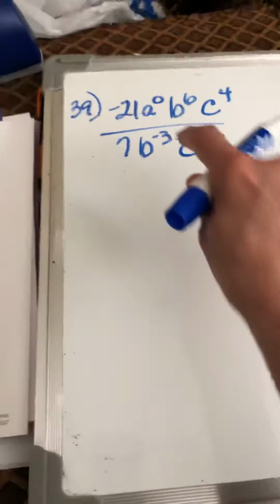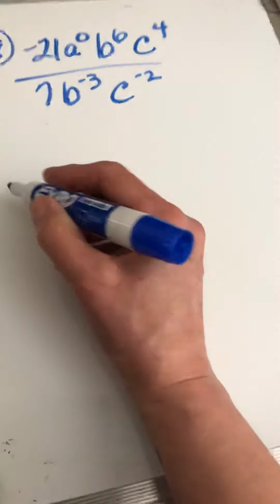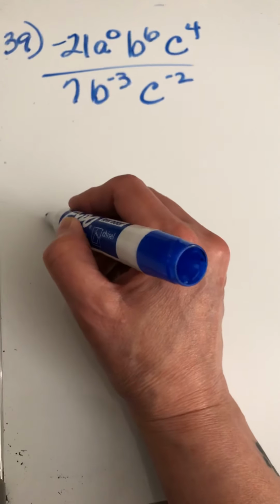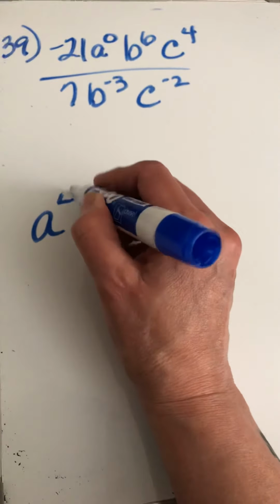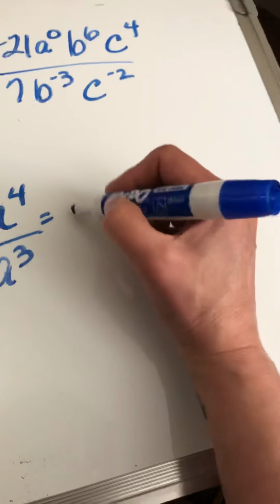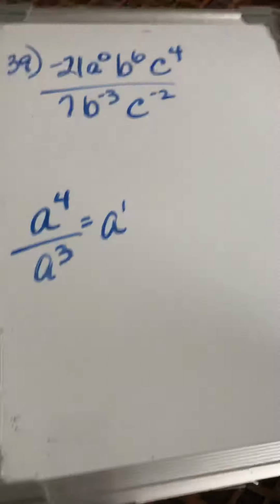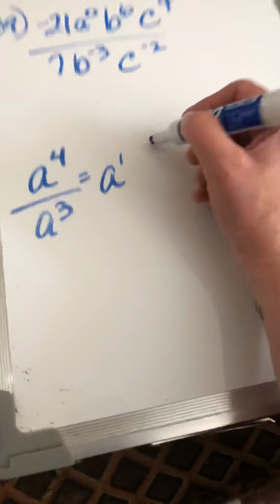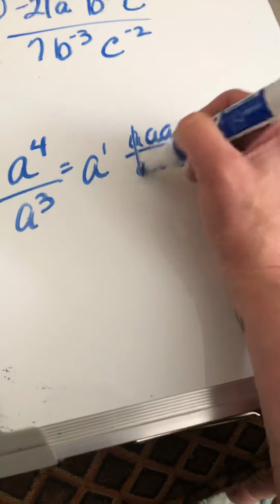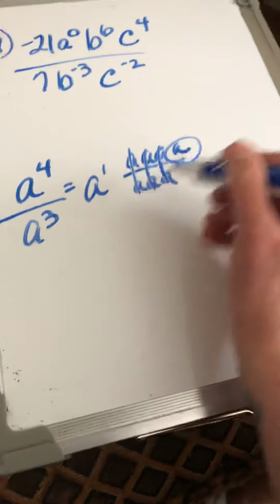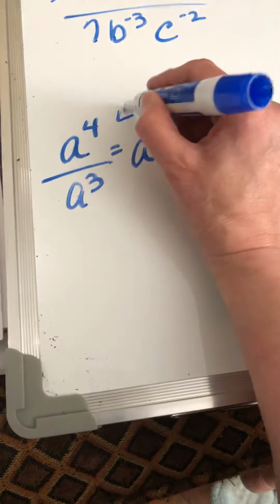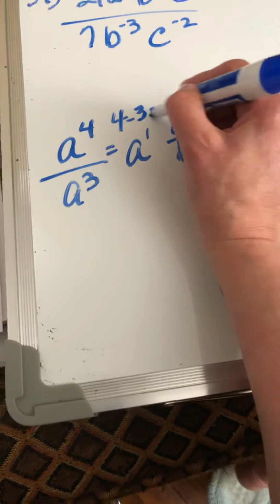Okay. I want to talk about that a to the 0 power. So remember from before, something looked sort of like this. Let's say I had a to the 4th power over a to the 3rd power, and we decided that that would be a to the 1st power, right? Just because you had the 4 a's on top, you had 3 a's on the bottom, those give you a 1 and you have 1 left. Well, okay, and so you know that in effect you could just go 4 minus 3 and get that same 1.